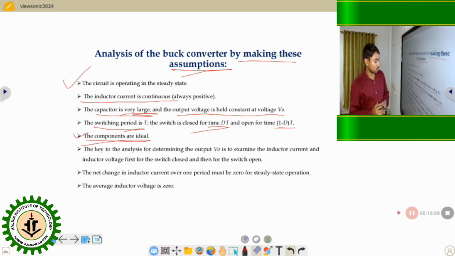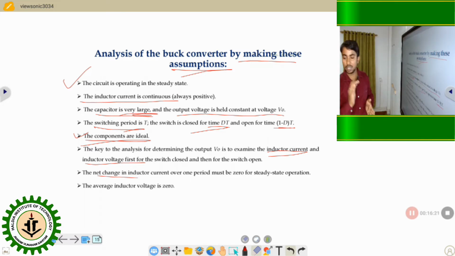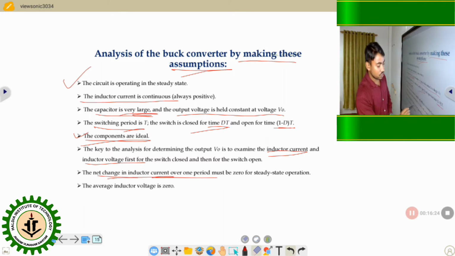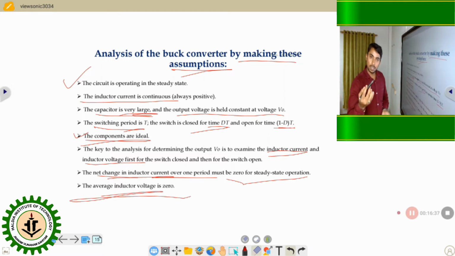The net change in inductor current over one period must be 0 for steady state operation. And the last is that the average inductor voltage is 0. By using the net change in inductor current and the average inductor voltage, we can calculate the output voltage. What will be the output voltage?